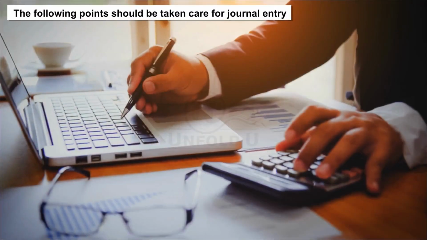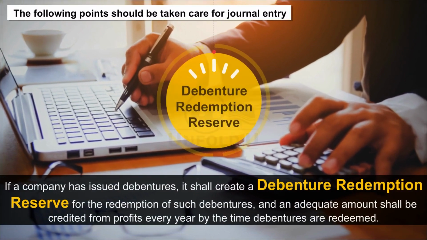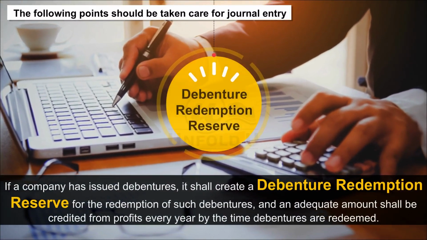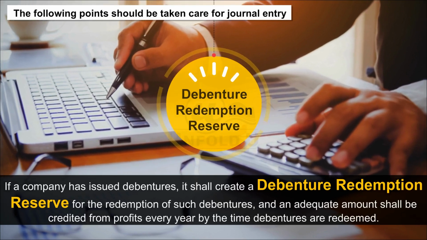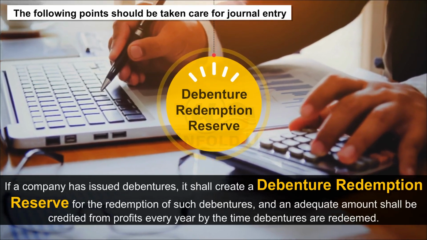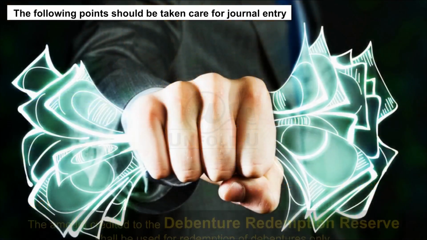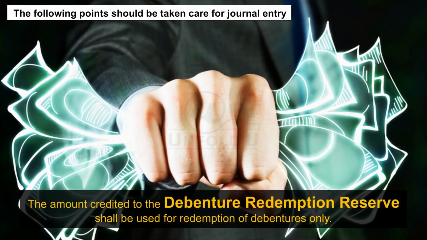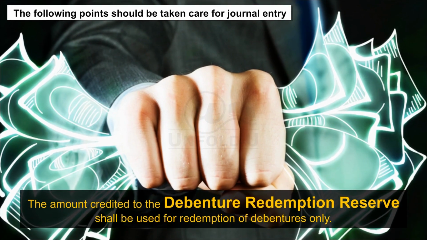A. If a company has issued debentures, it shall create a debenture redemption reserve for the redemption of such debentures, and an adequate amount shall be credited from profits every year by the time debentures are redeemed. B. The amount credited to the debenture redemption reserve shall be used for redemption of debentures only.